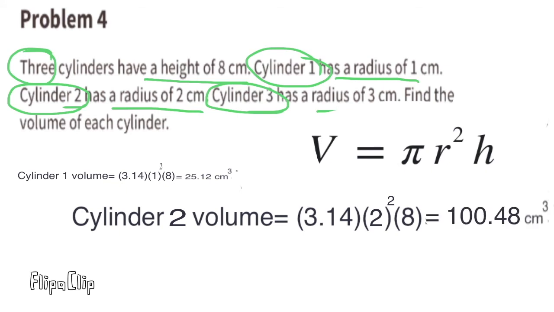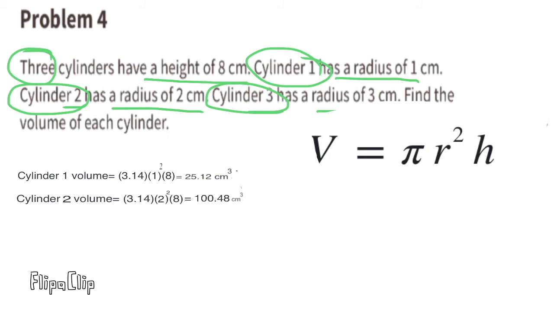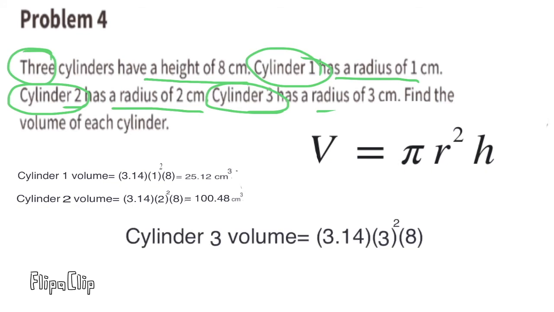The volume for cylinder 2 is approximately 100.48 centimeters cubed. Cylinder 3 has a radius of 3 centimeters. We'll multiply 3.14 times 3 squared times 8. Cylinder number 3 has a volume of approximately 226.08 centimeters cubed.